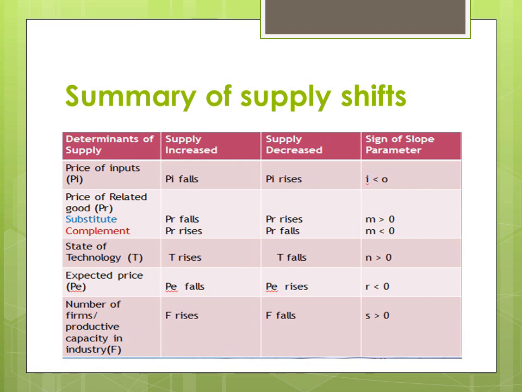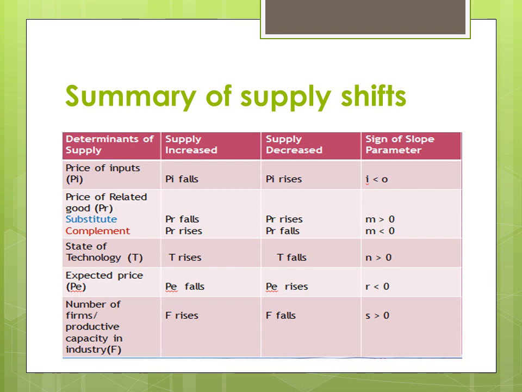Sorry, here is a mistake. State of technology. When technology improves, our supply will increase, and when technology improvement decreases, our supply also decreases. Here is a positive and direct relationship.